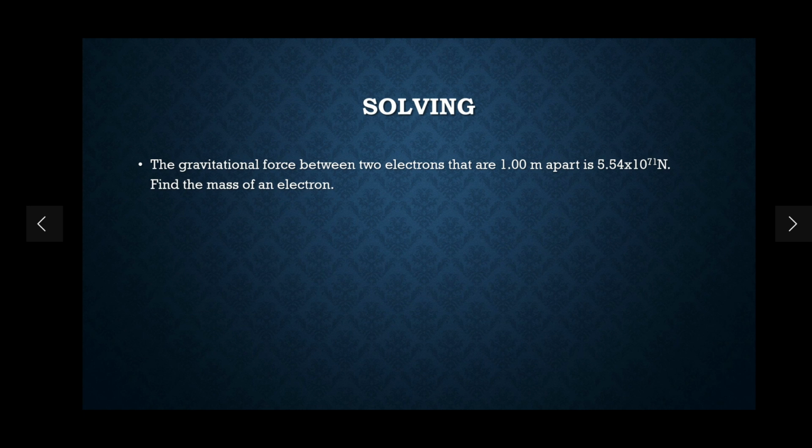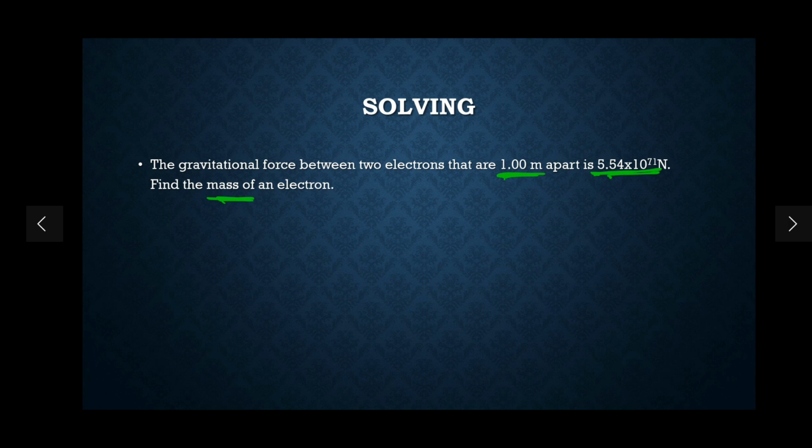Let's calculate the gravitational force between two electrons that are 1 meter apart. They told us that the gravitational force between two electrons 1 meter apart is 5.54 times 10 power of 71. We need to find the mass of one electron.